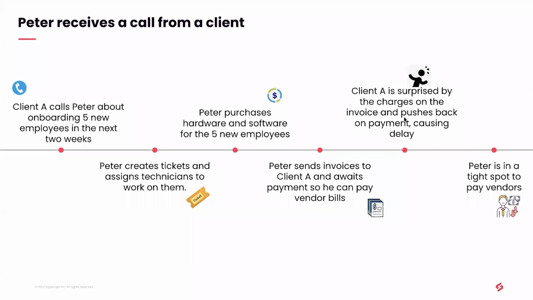Now, what happens is the client is actually surprised with the amount mentioned in the invoice because yes, the client did ask for the onboarding of 5 new employees, but the client did not expect the amount that was provided in the invoice. Because of this, the client pushes back the payment and Peter, the MSP like you, is in a tight spot to pay his vendors and his technicians.